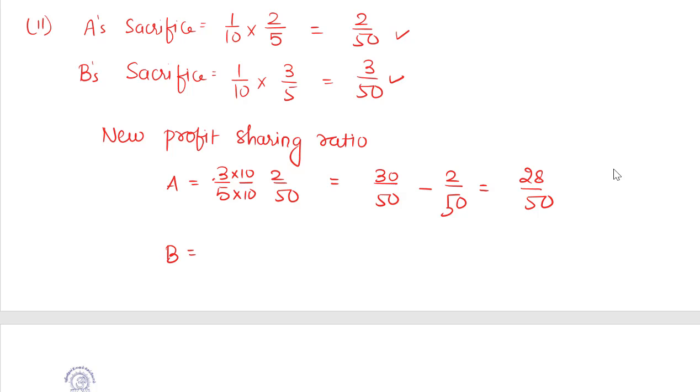B is 2 by 5 minus 3 by 50, 20 by 50 minus 3 by 50, 17 by 50.